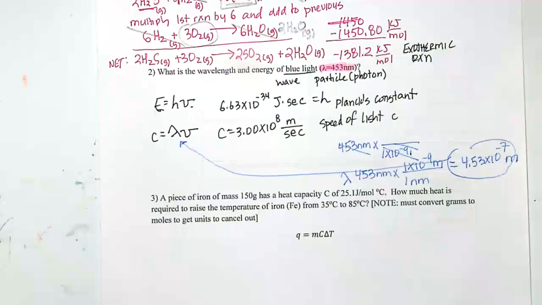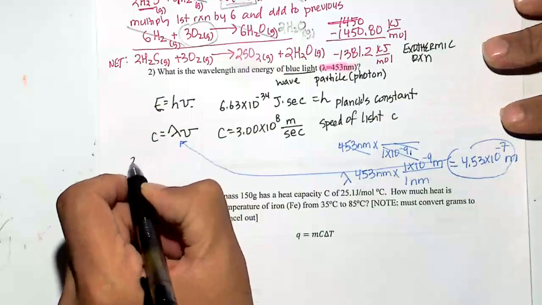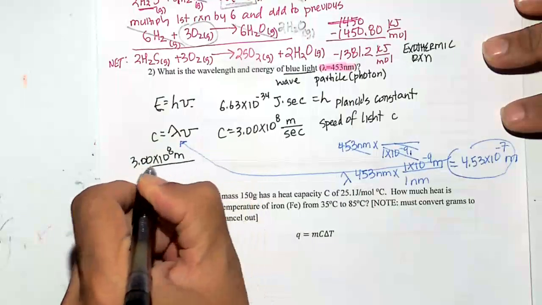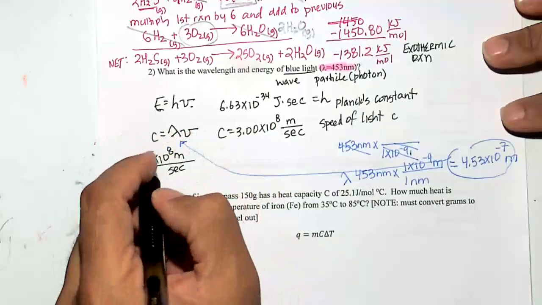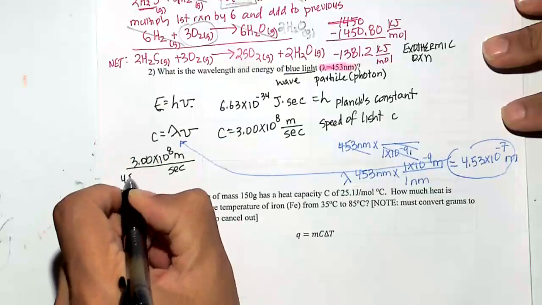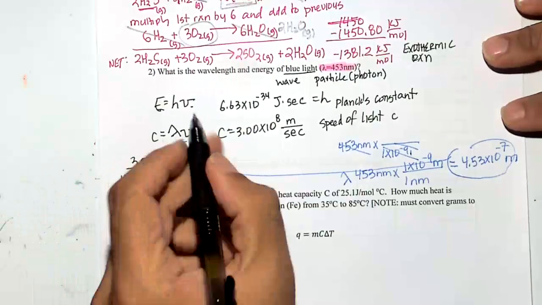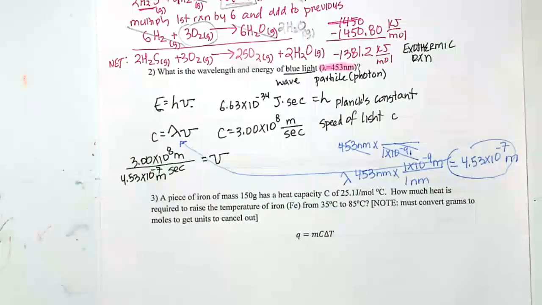We'll put it in this equation. c is the speed of light, which is 3 times 10 to the 8 meters per second. I'll give you all these equations. Divided by lambda, which is 4.53 times 10 to the minus 7, that's going to equal the frequency.